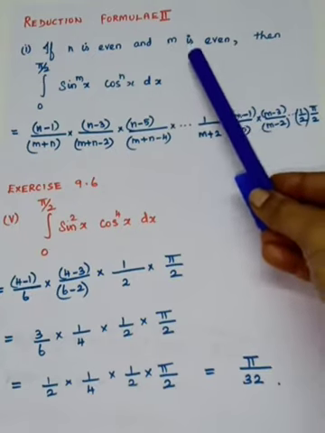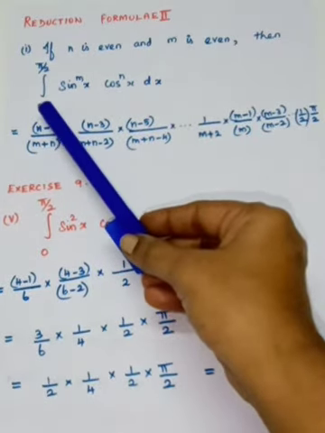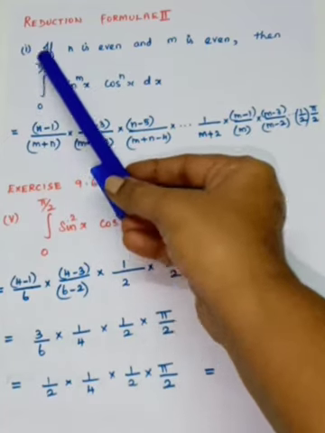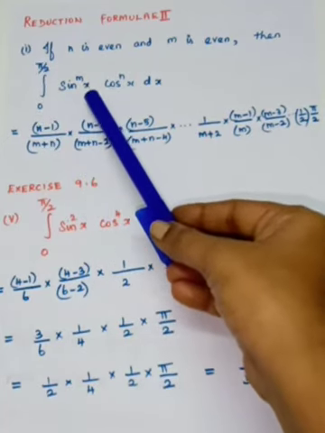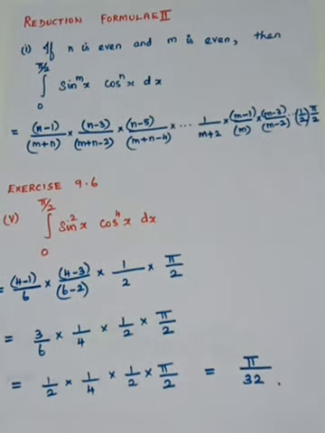If so, how do we write the formula? Keep that in mind: the powers m and n are even.